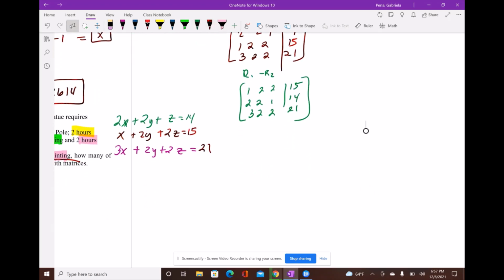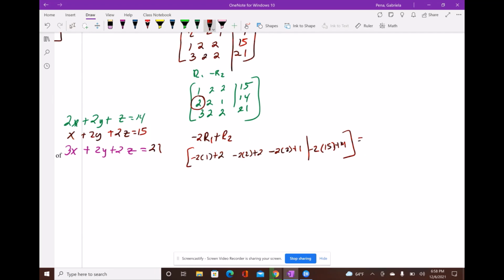To make a 0, take the opposite of the number you're trying to make a 0, times the row that has a 1, plus the row where you're trying to make that 0. So negative 2 times 1 plus 2, negative 2 times 2 plus 2, negative 2 times 2 plus 1, and negative 2 times 15 plus 14.